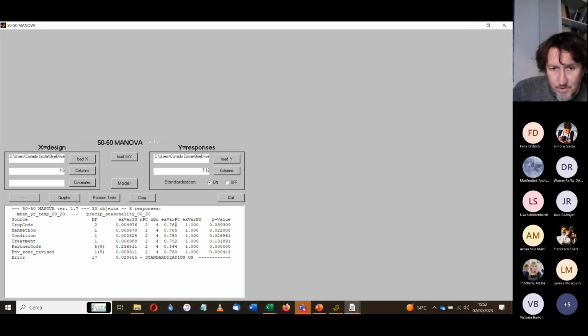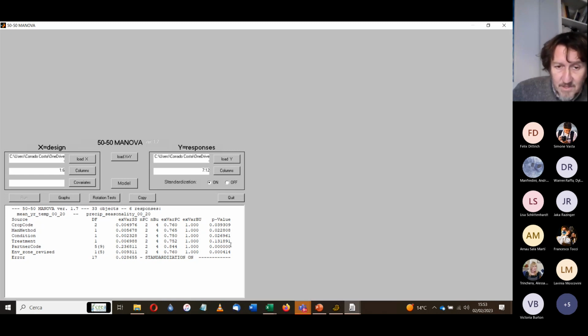And then you have also the variance, etc. But of course, the most important is the p-value. So we observe that the multivariate environmental variables are significantly dependent on the environmental zone and the partner code.